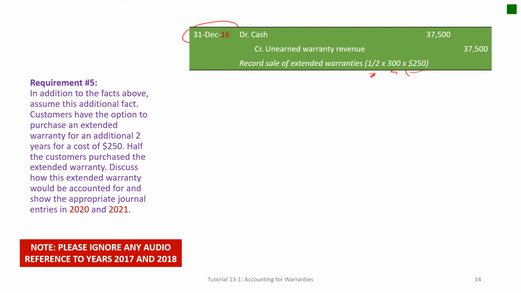We receive that money either in cash or accounts receivable. But what's interesting here is that this is unearned revenue. We cannot record the revenue on extended warranties until the period comes where we might actually have to service those. So this becomes a deferred item, and we're going to credit our unearned warranty revenue, and we'll leave that there until 2017 and 2018.